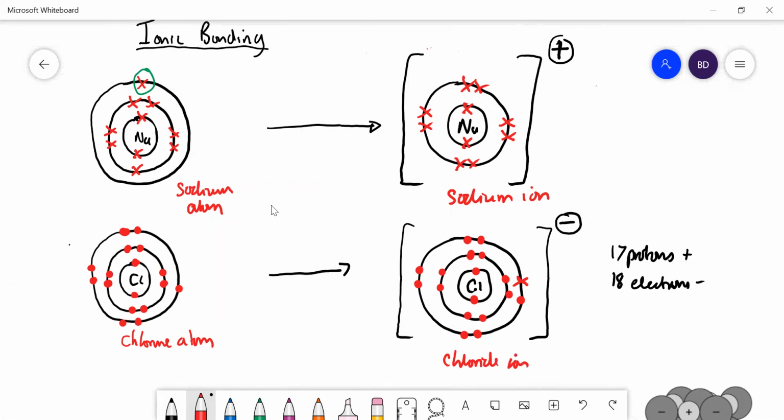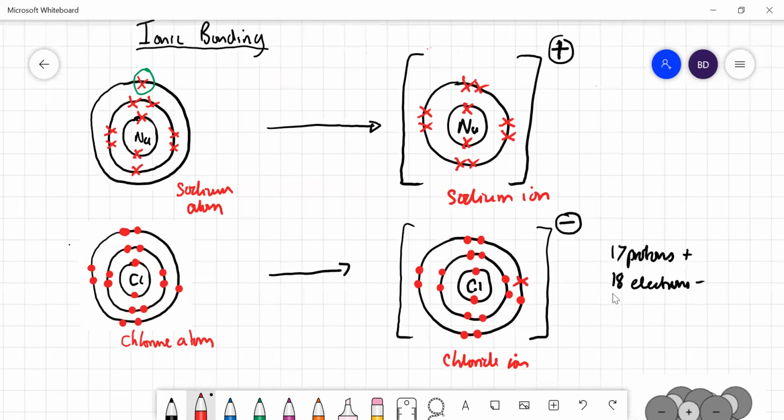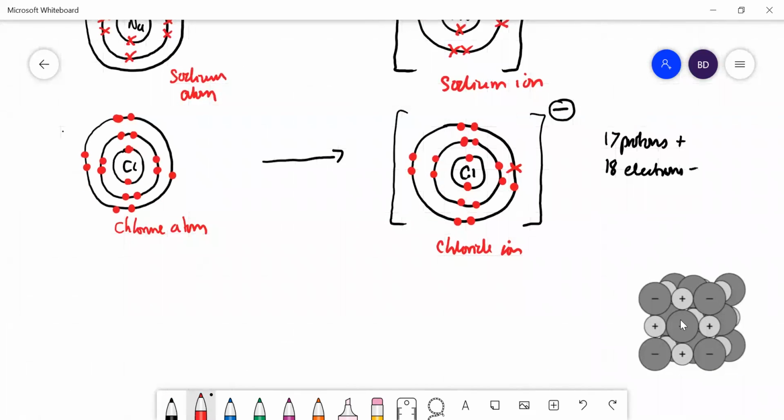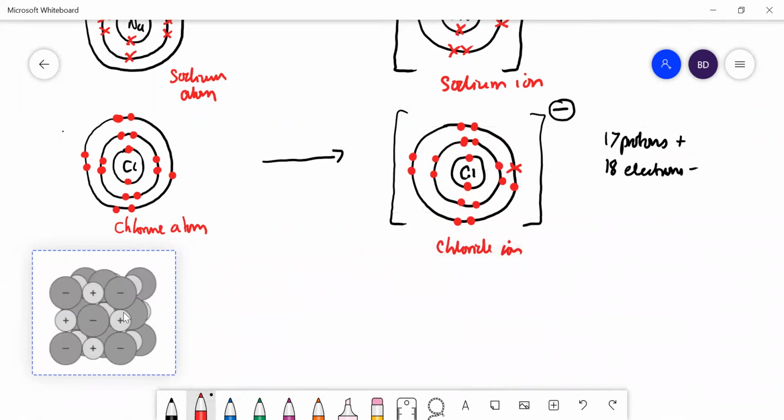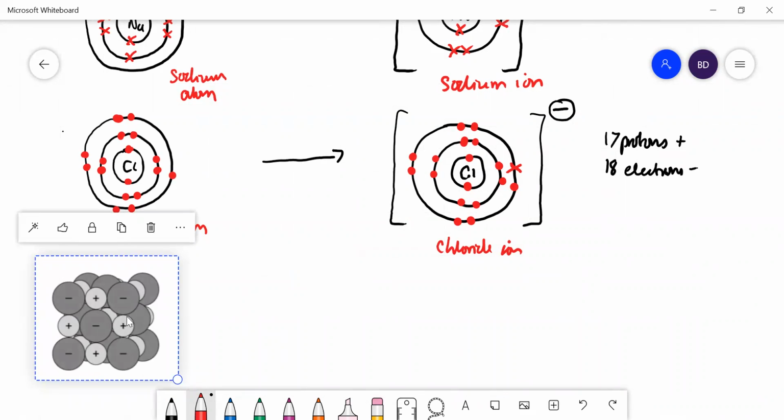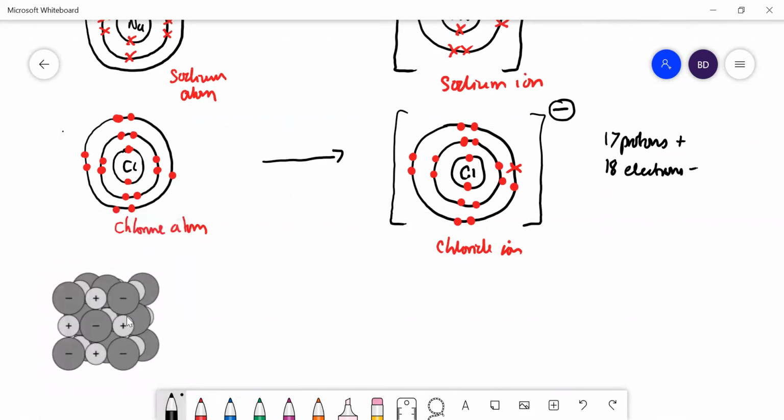Now you've got 2 oppositely charged ions there, and they are going to attract to each other, and that is basically what an ionic bond is. And I don't really like the term ionic bond. You can call it an ionic bond, but that suggests it's like a stick, like it's directional.